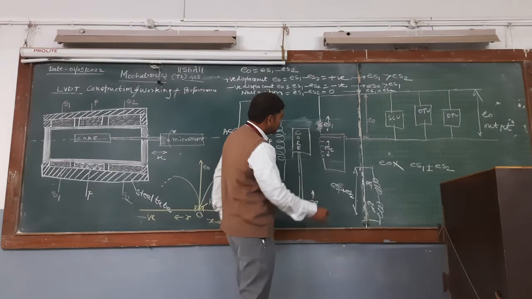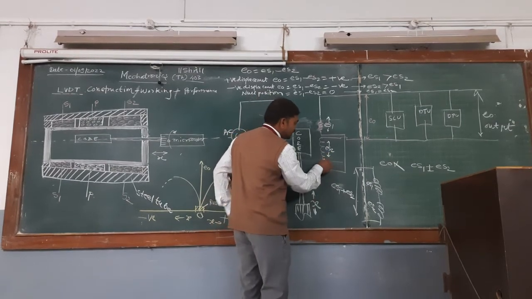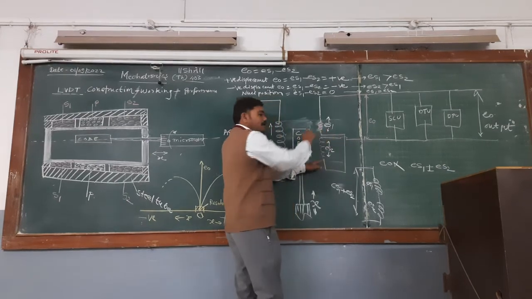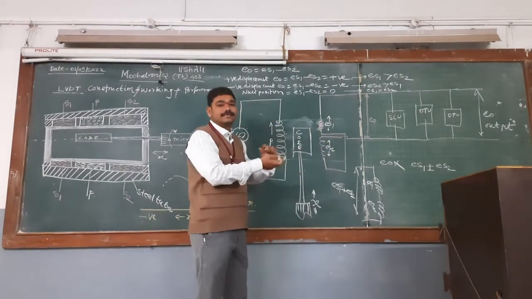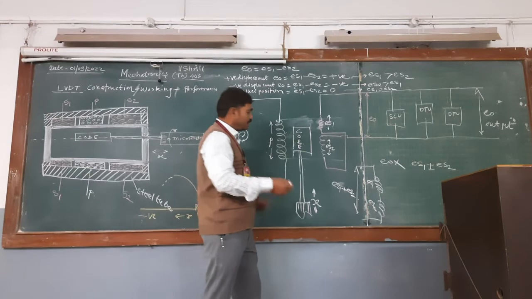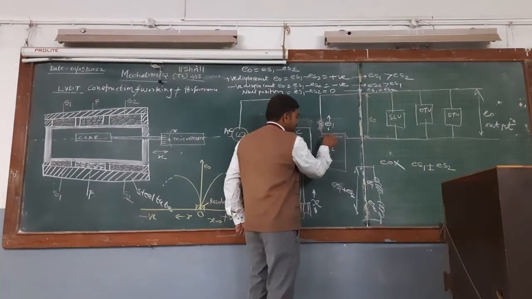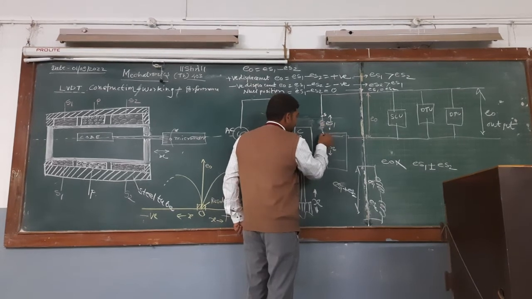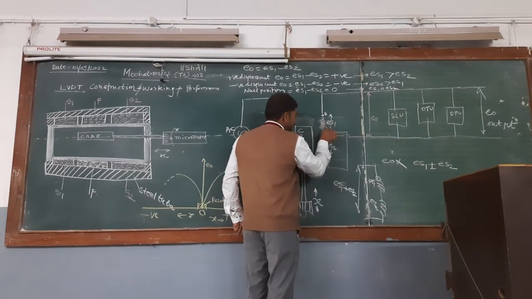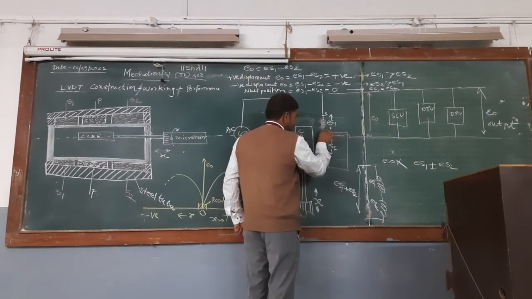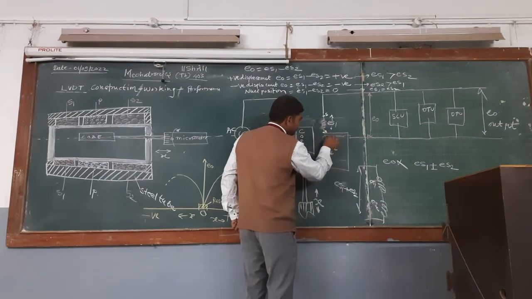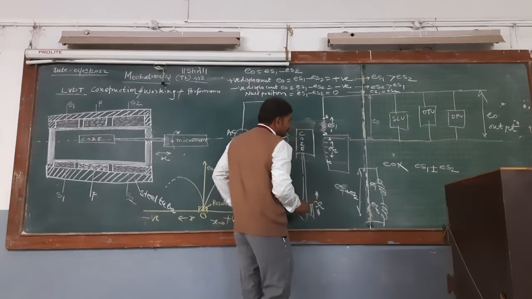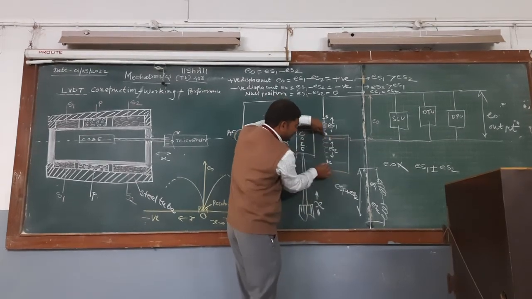But here the end of one secondary coil is connected to the end of the other. Suppose this is the starting end for secondary 1, and this is its end, and here is the starting end for secondary 2, and this is its end. The end is connected to the end.